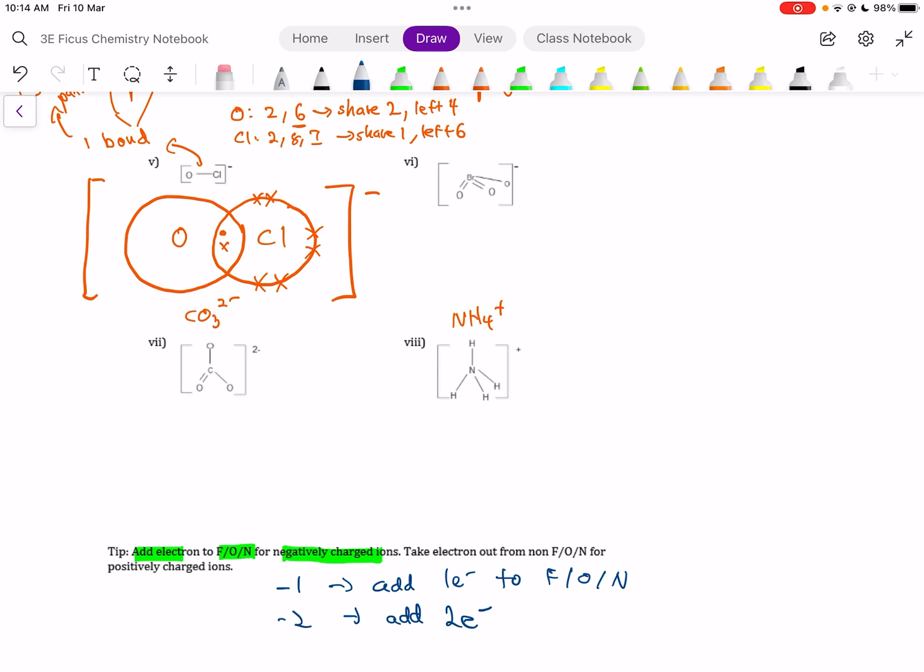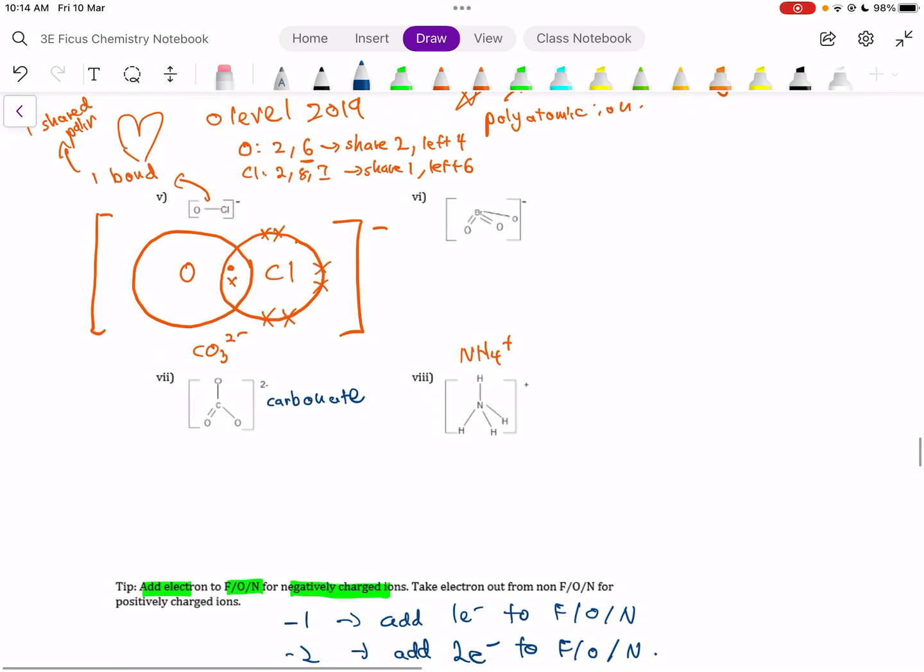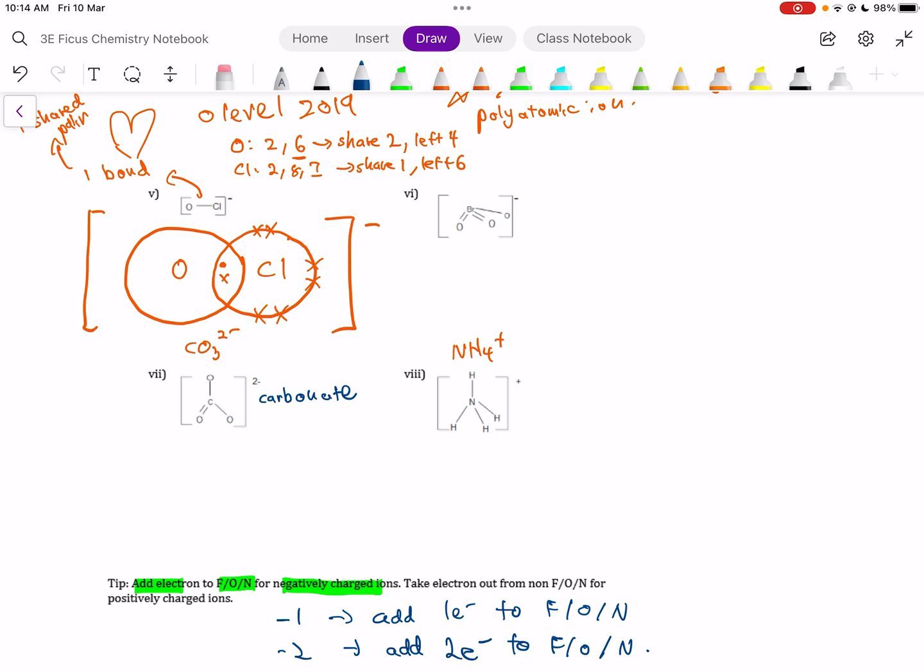This is your carbonate ion, in case you're wondering what I am talking about. So let's explore this chlorate ion.